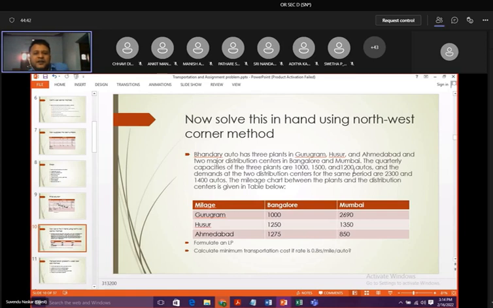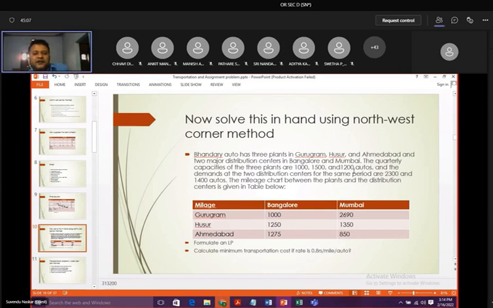The quarterly capacities of the three plants are 1,000, 1,500, and 1,200 autos. The demands of the two distribution centers for the same period are 2,300 and 1,400 autos. If you are comfortable, you can possibly scale it down by hundreds, but that's fine. The mileage chart between the plants and the distribution centers is given in the table.